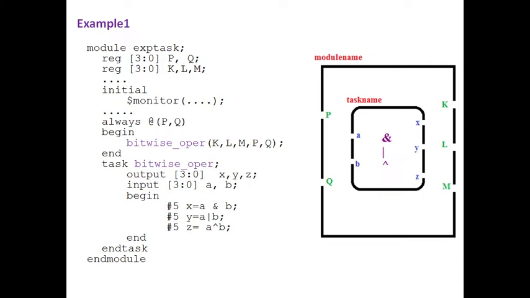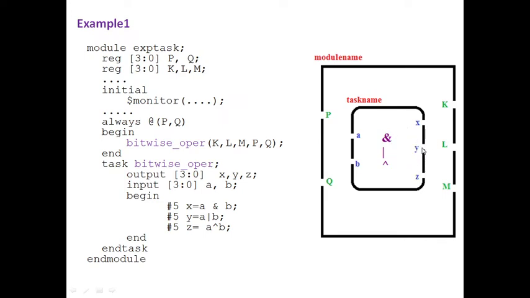The IO declaration generally uses the keywords input, output or inout for your task. Based on the type of argument declared, the input arguments or the inout arguments are passed to the task, and the input arguments are processed.